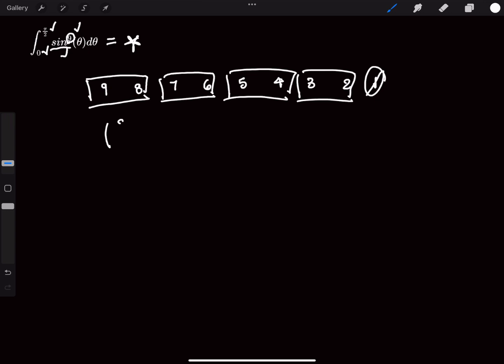And the fraction will be 8 over 9 times 6 over 7 times 4 over 5 times 2 over 3. Over here, we can see that this, again, can cancel. So the top is going to be 2. And I think that's all that cancels.